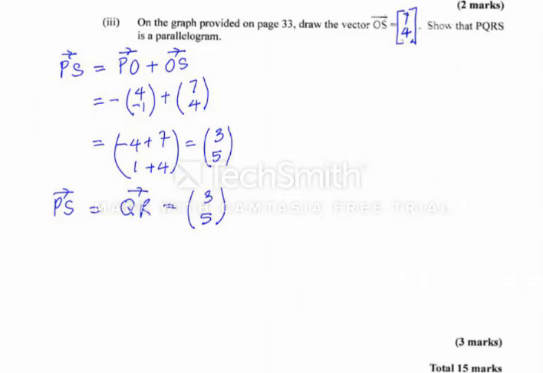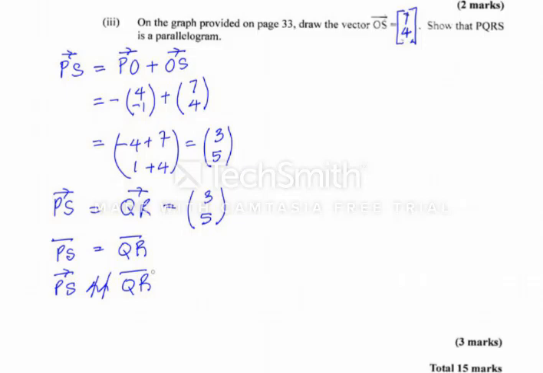The length of the line is a reflection of the magnitude. So that means the length of the line PS is the same as the length of the line QR. So the two sides of the quadrilateral have the same length, and line PS is parallel to the line QR.